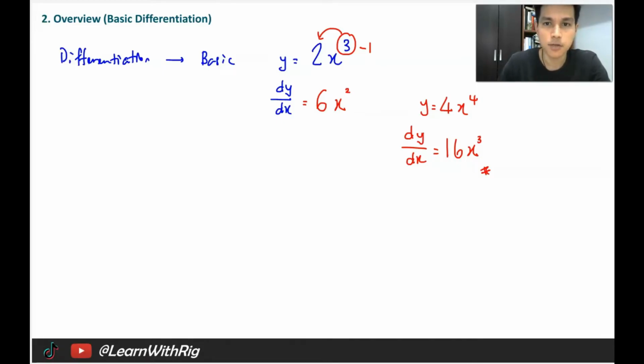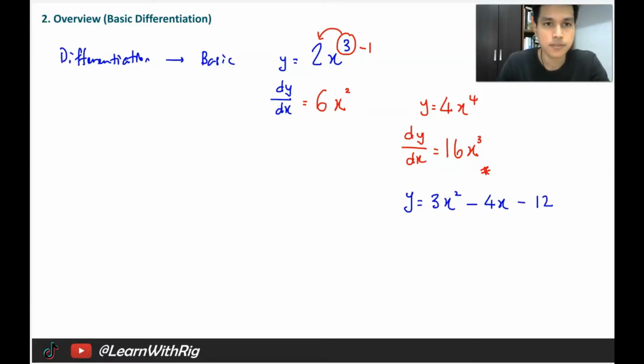If, for example, you have y equals 3x squared minus 4x minus 12, let's say. How are you going to differentiate this?